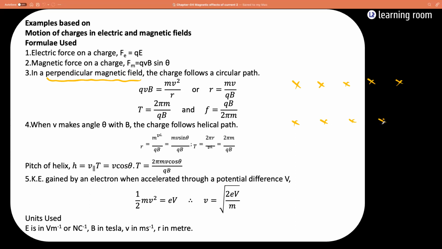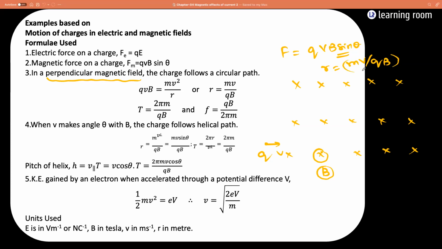Let's say there is a magnetic field existing into the plane of the paper, and a charged particle is projected perpendicular to the magnetic field into this region of B. F will be equal to QVB sine theta. On applying this, we can conclude that the particle starts revolving in a circular orbit, and the radius of that circular orbit is going to be mv divided by qB.